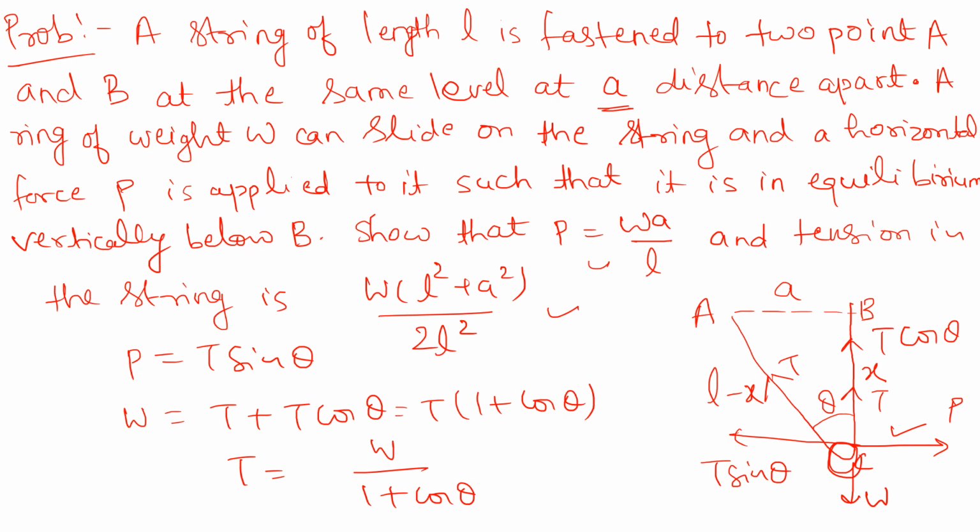Now what you should determine is the value of theta. I think you have made this diagram. Now I am going to solve on the next page, but you can keep this figure in your mind, because we need the help of this figure.